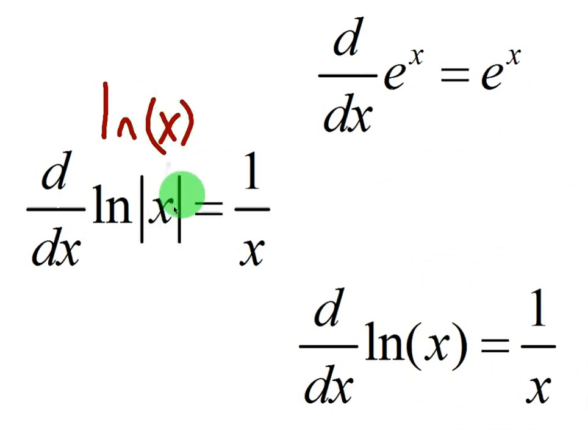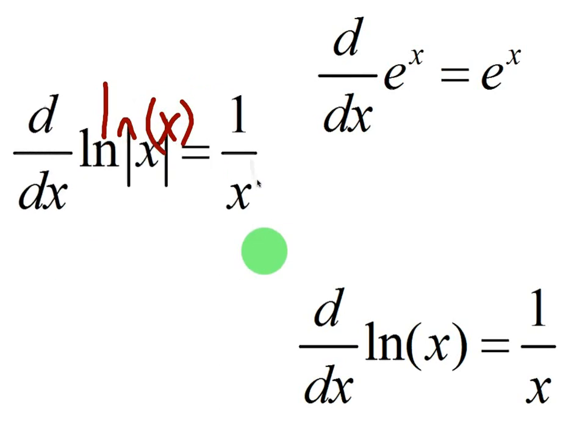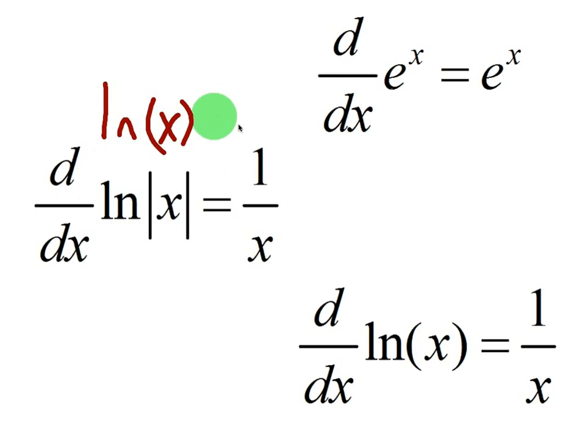So sometimes you'll see it with the absolute value bars there. But it won't matter if x is positive, it's still just 1 over x. And that one's pretty easy to remember, too. It's not a complicated derivative. Derivative of ln of x is 1 over x. I already have it written down there. So these two are pretty much the same thing, right? Same derivative.